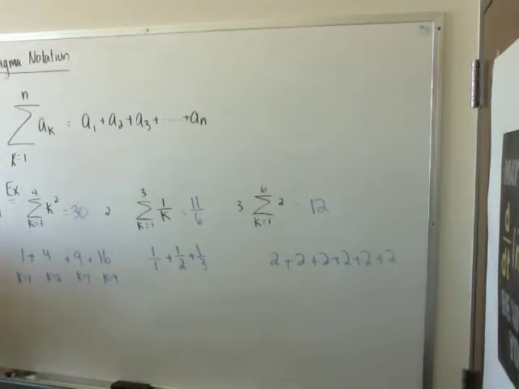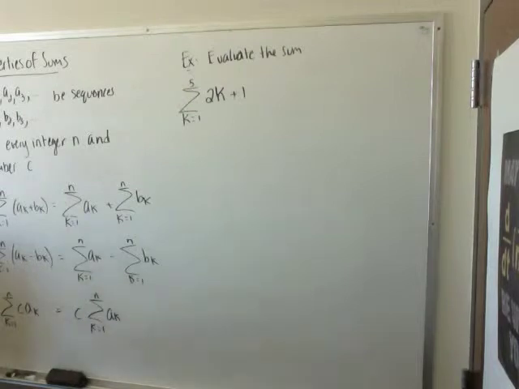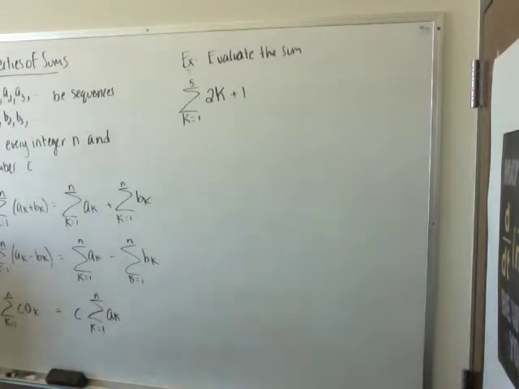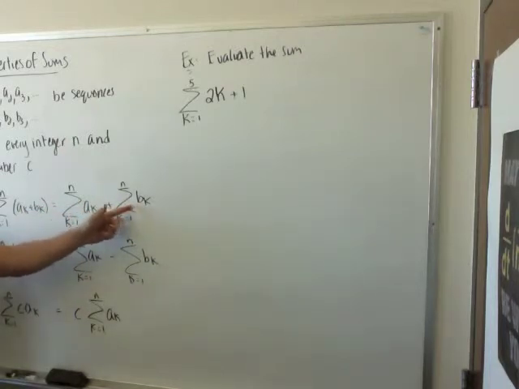All right. Let's take a look at some properties of sums. So if A1, A2, A3, all the way up is a sequence, and so is B1, B2, B3, all the way up, those are sequences. Then for any integer n and real number c, the following rules apply. What do these rules say? If we sum two things that are being added, well, that's the same thing as adding up the first one plus adding up the second one.